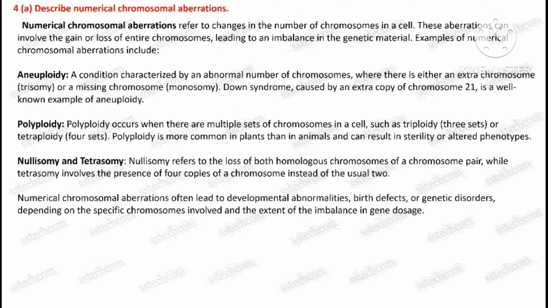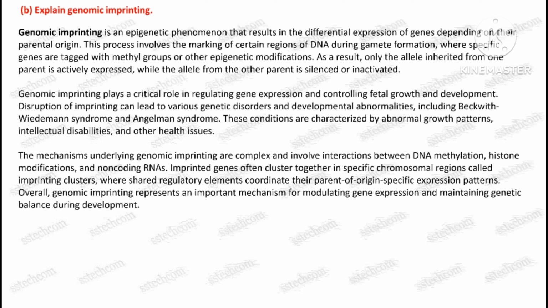Question number 4, first part, describe numerical chromosomal aberration. Second part of this question is explain genomic imprinting.